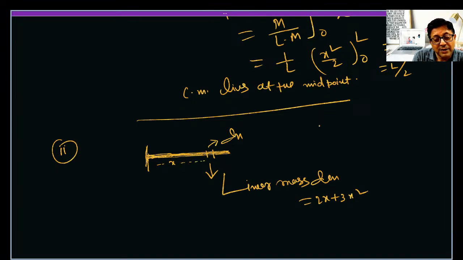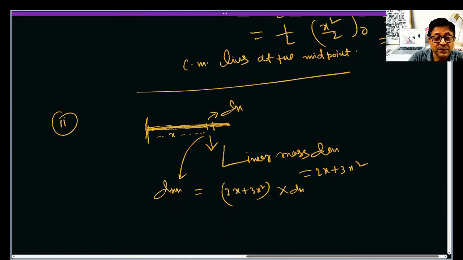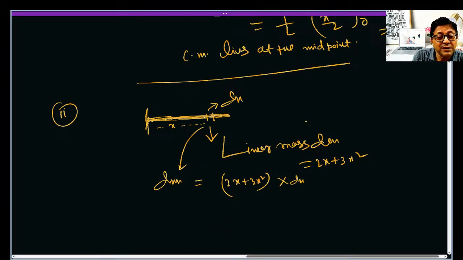Then what is dm, the mass of the elemental portion? Linear mass density given per unit length is 2x plus 3x square. Dx is a small part, so along dx it is not going to change. Dm is done.